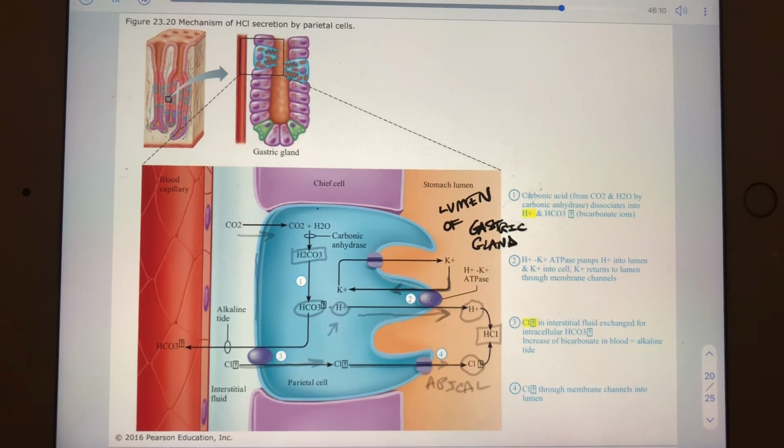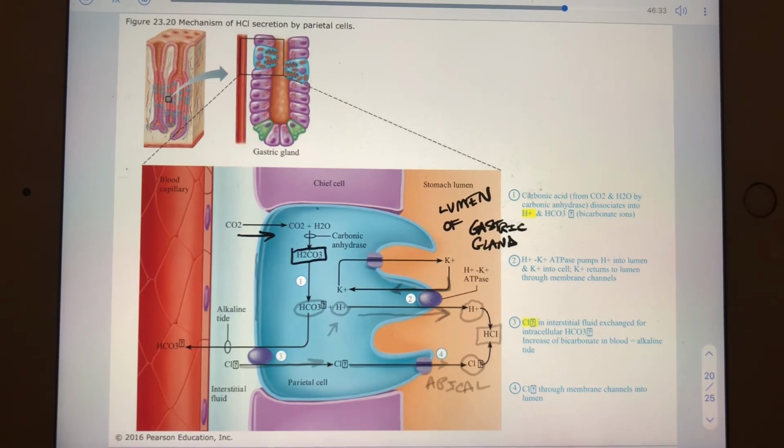This parietal cell will take in CO2 inside the parietal cell with the assistance of our trusty old wingman, carbonic anhydrase. CO2 will combine with water to produce, what's that? Carbonic acid.